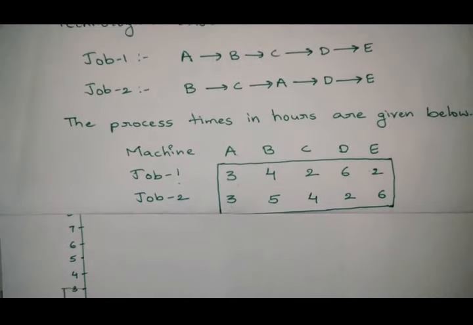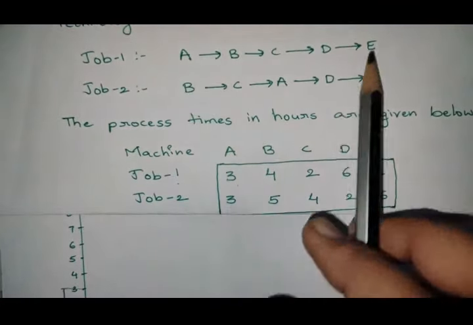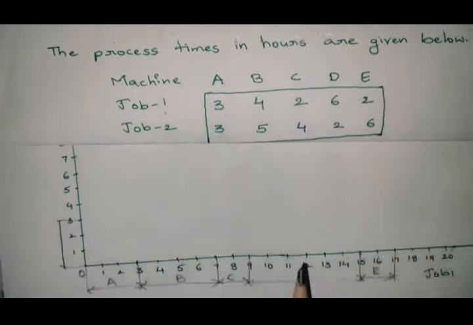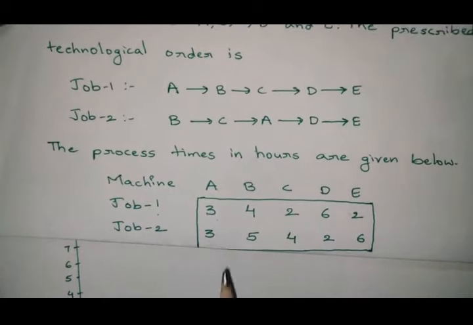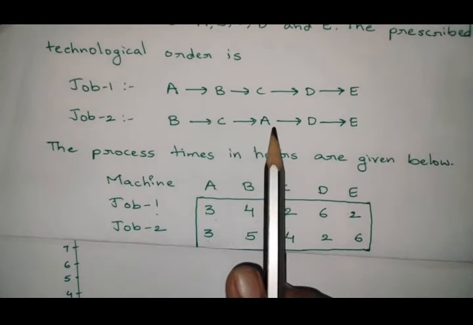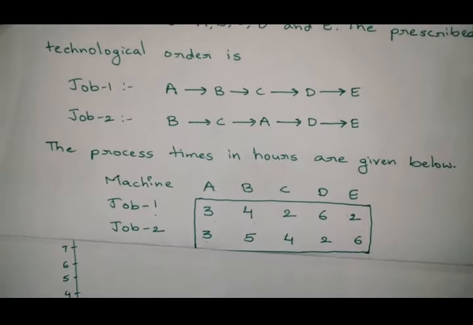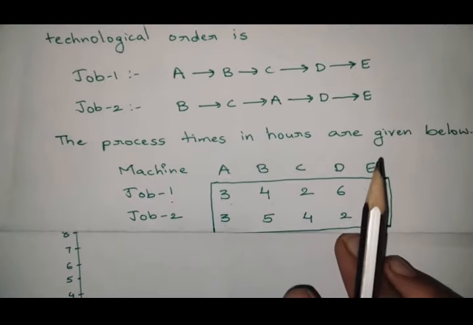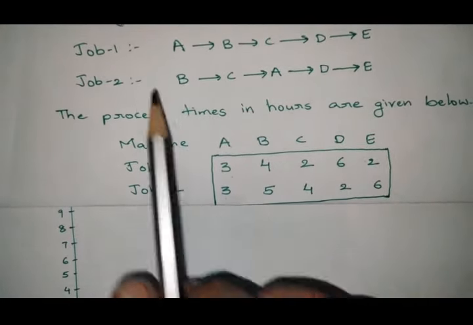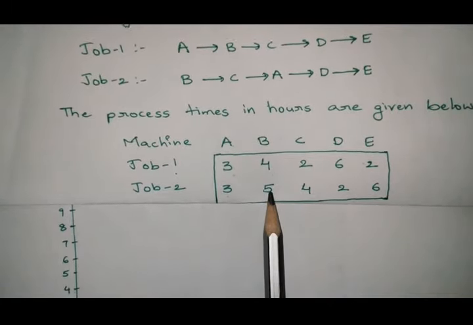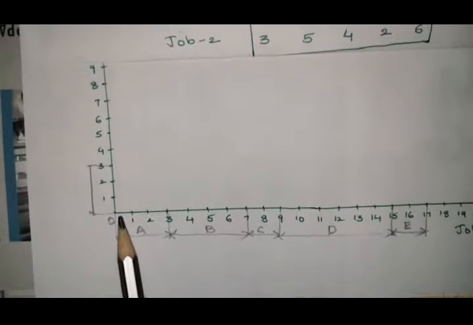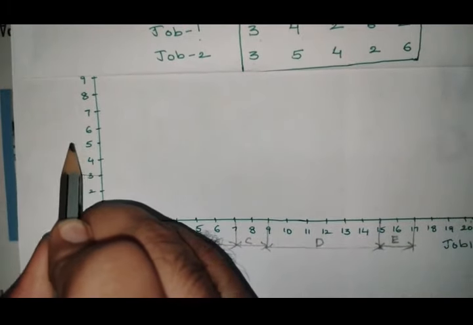For job 1, the sequence is A, B, C, D, E, so I represented it without any doubt. But for job 2, the sequence is B, C, A, D, E. So first we need to represent B here. What is the time of B? 5 hours, so from 0 to 5 hours.